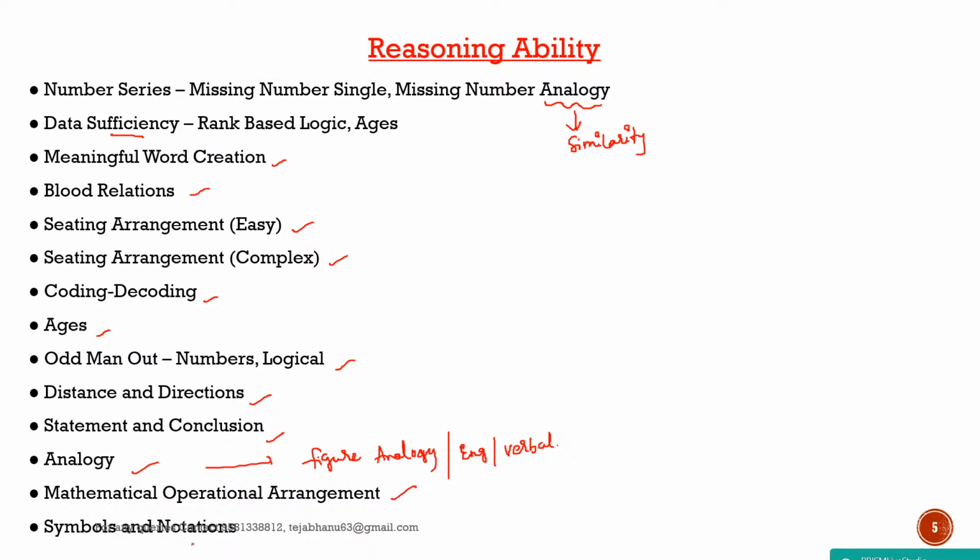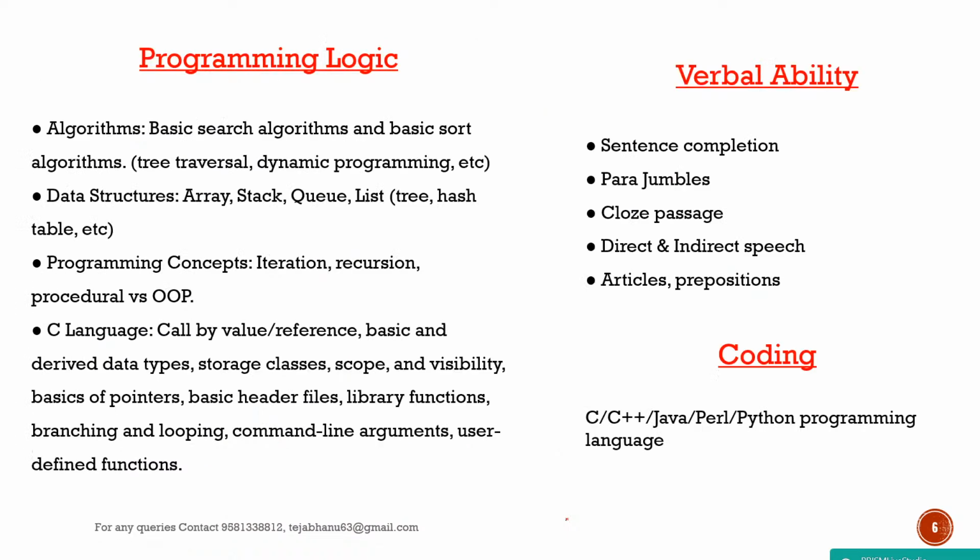Mathematical operators and symbols and notation. These are the different topics covered under reasoning ability. Next, programming logics. See, we have algorithms, data structures, programming concepts, C language and all.